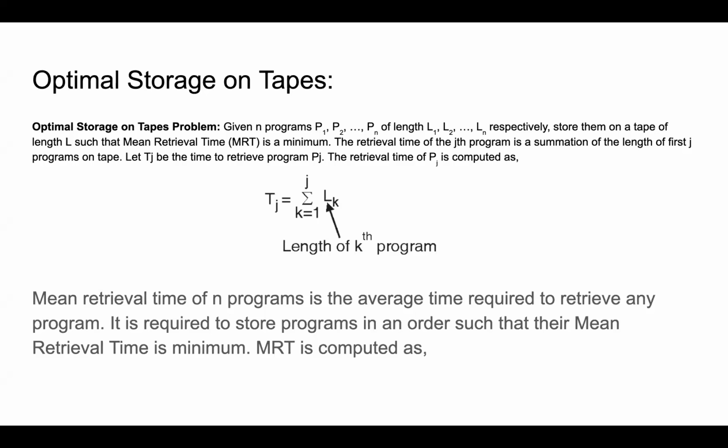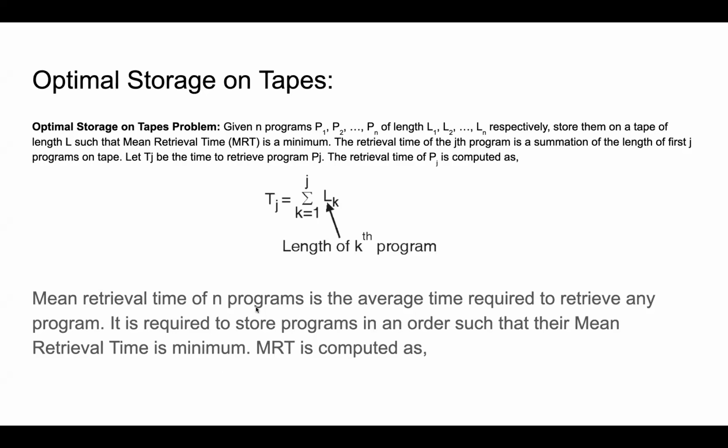The problem scenario here is that we have to minimize the mean retrieval time. We have to put the programs on the tape such that the retrieval time should be minimum. Now what is the mean retrieval time?